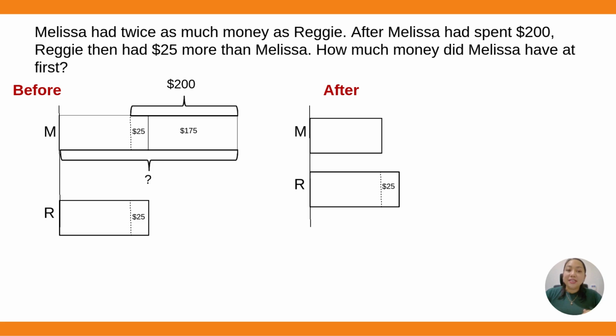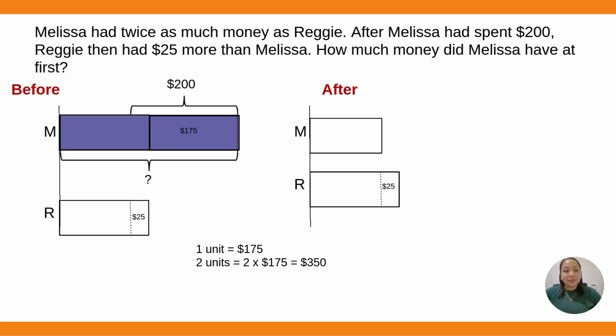Now let's read the question. How much money did Melissa have at first? That means we have to mark the whole bar of Melissa in the before model question mark. That is what we're looking for here. Now, notice that in the model, you have two equal units for Melissa in the before model.